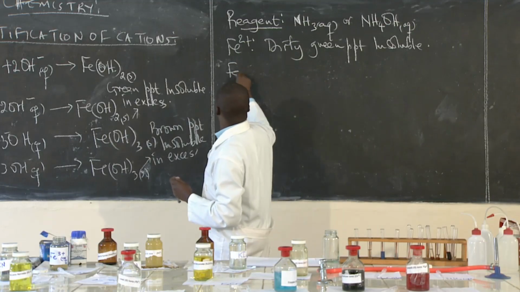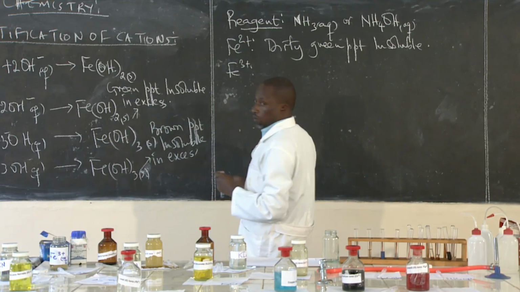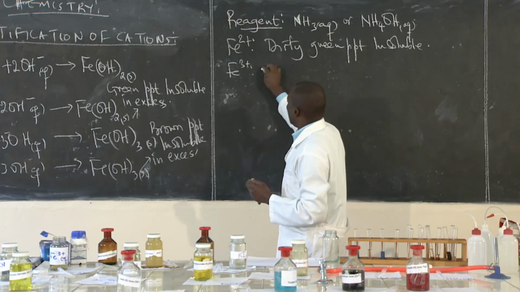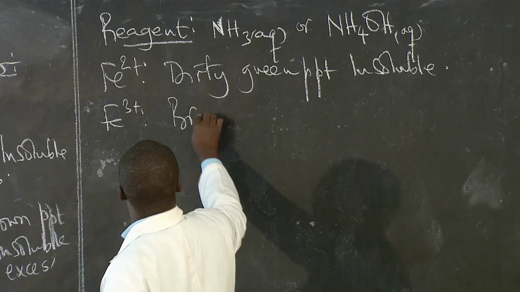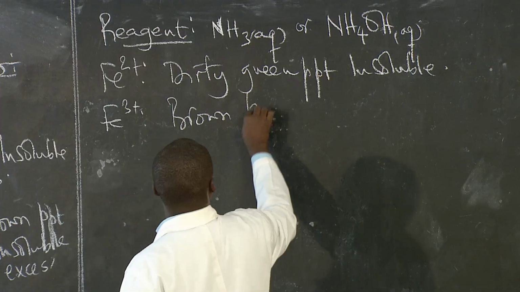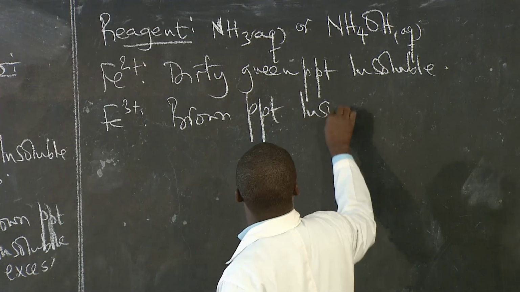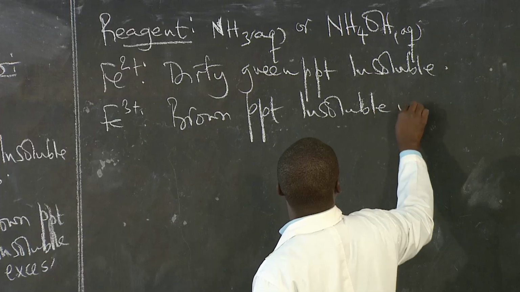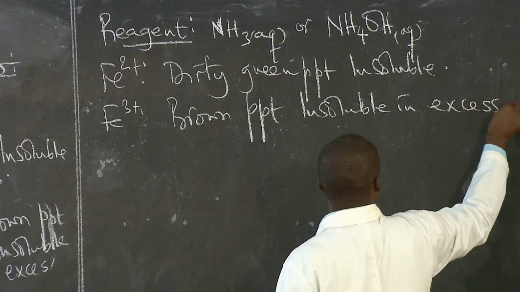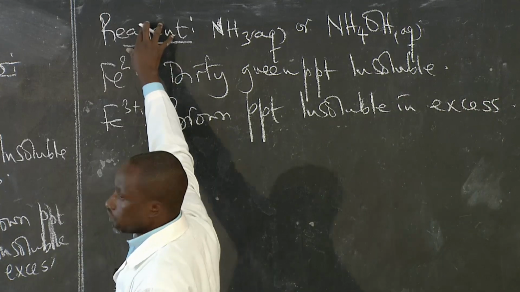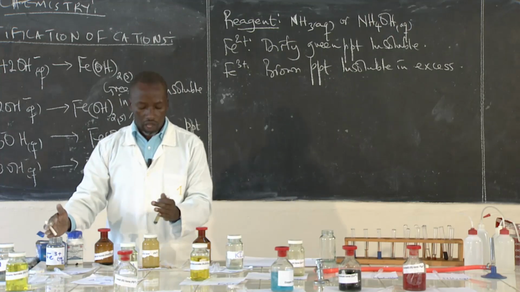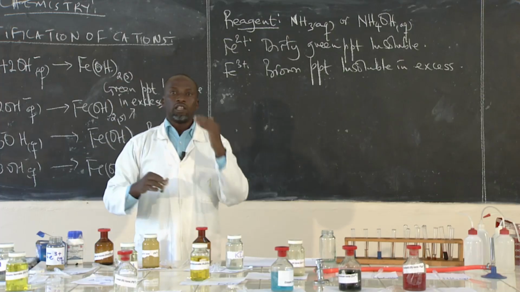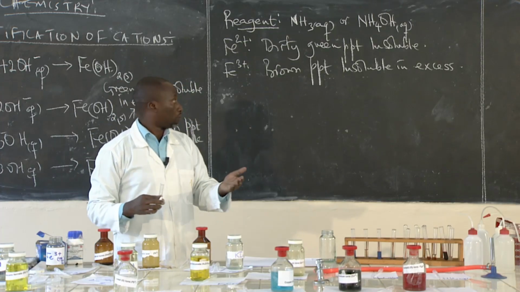With iron 3, we are getting a reddish brown precipitate, which is also insoluble in excess. So we can use ammonia to distinguish between iron 2 and iron 3 because they give different observations.